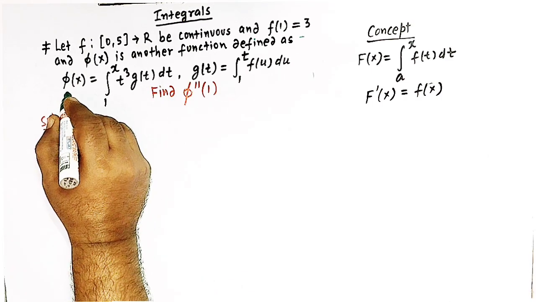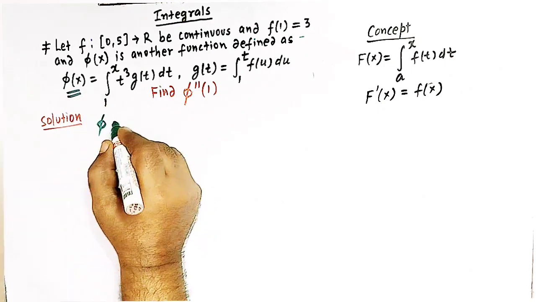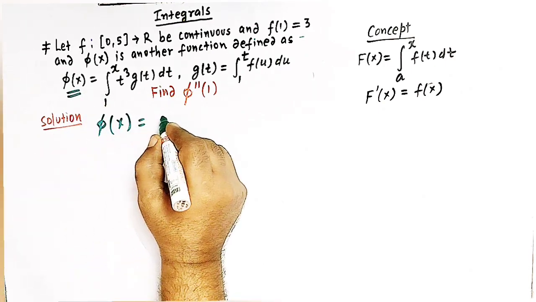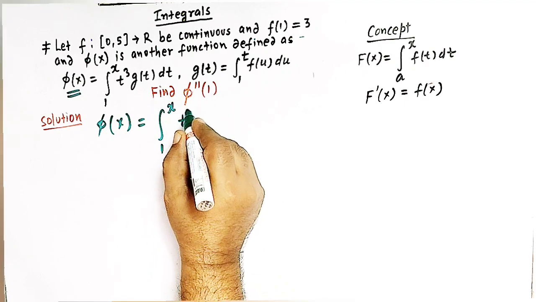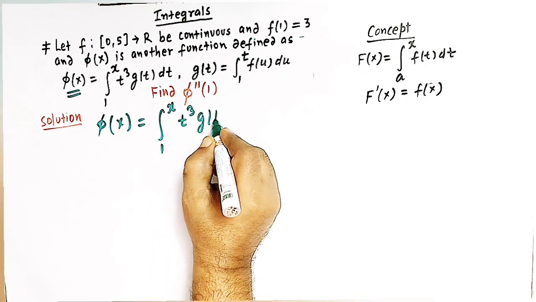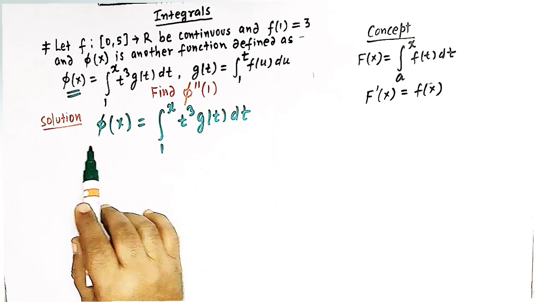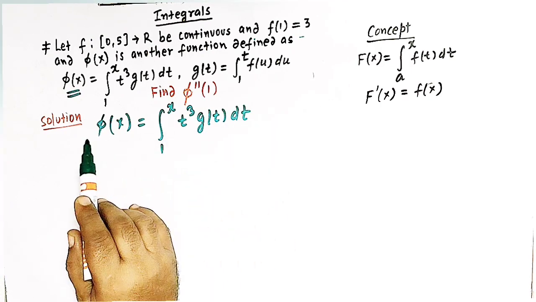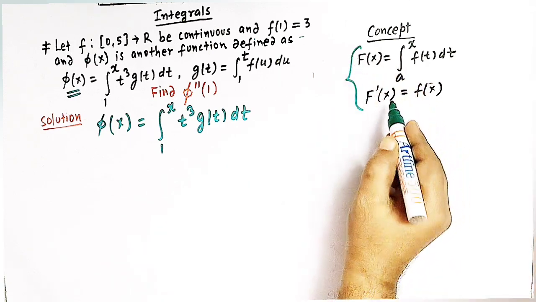So now let us start with this function phi of x. We are given phi of x is equal to integral 1 to x, and here we have t cube g of t and dt, right? So let us differentiate both sides with respect to x and using this concept.